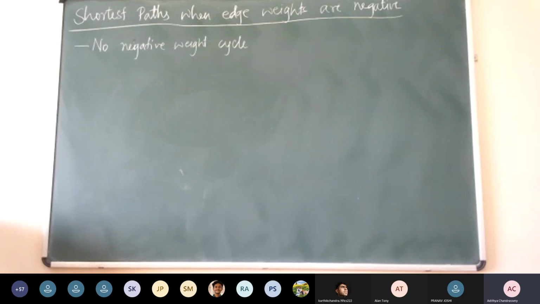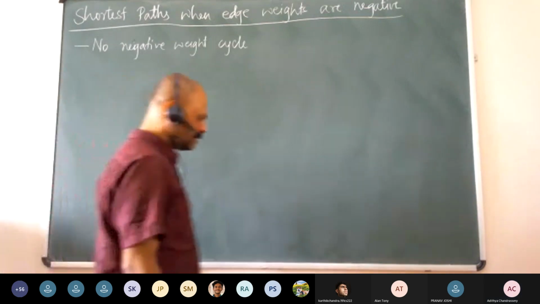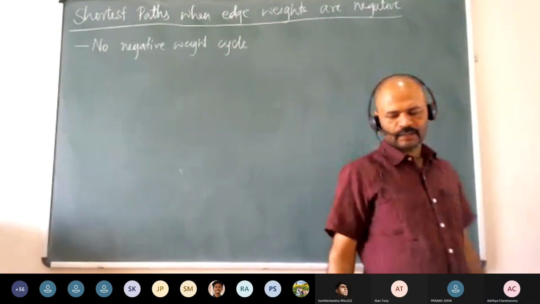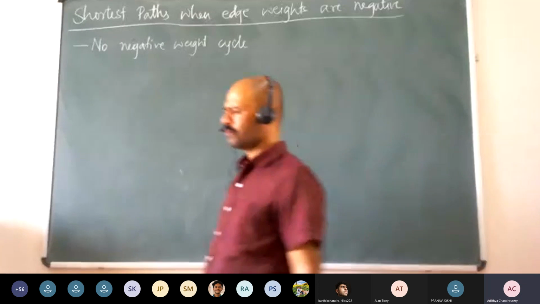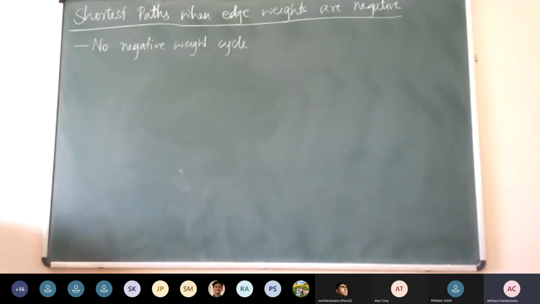Like the initial BFS algorithm we were discussing, the one Mudit gave, which we modified, was with weights, right? BFS algorithm with weights. That will work for negative also, because we are always checking.